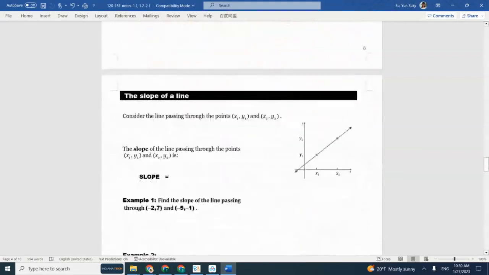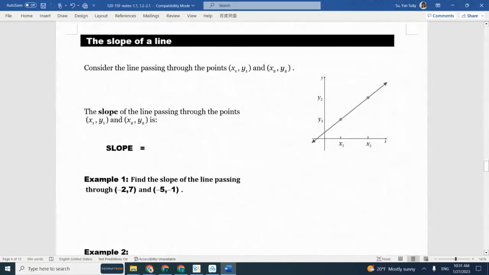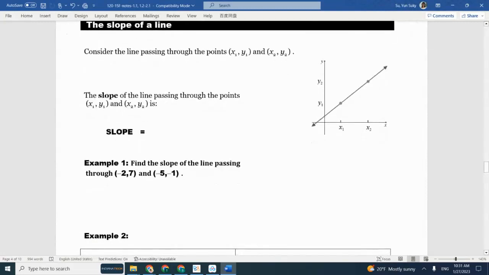Okay, so, all right. Slope of a line. Consider the line passing through the points x1, y1, and x2, y2. Yeah? And then the slope is rise over run. Okay? Rise. So look at this picture.